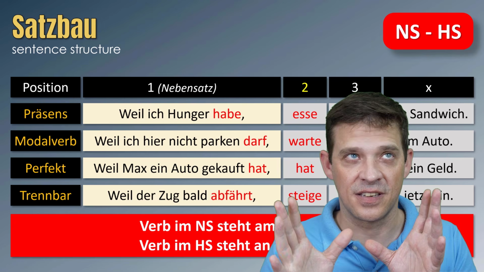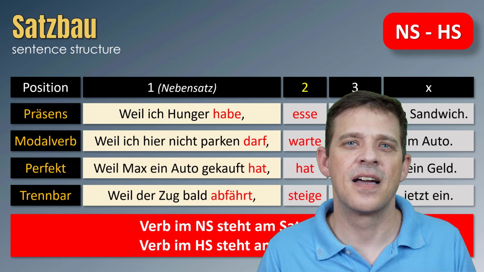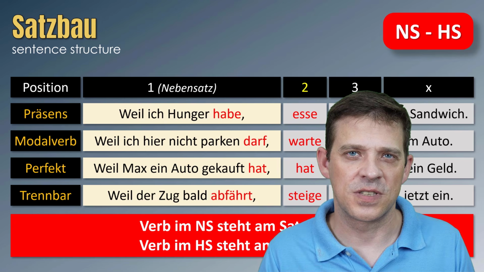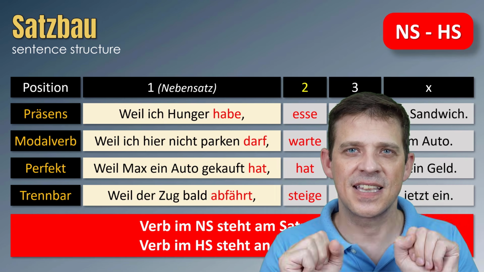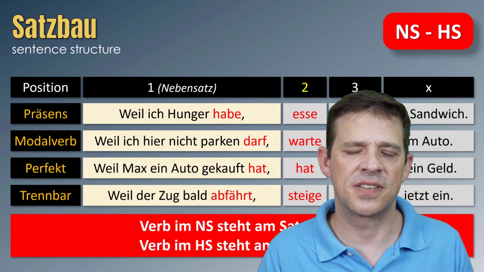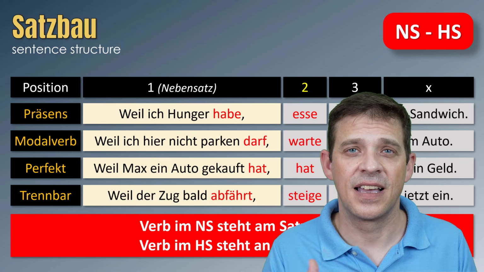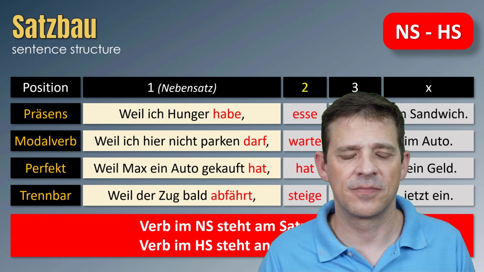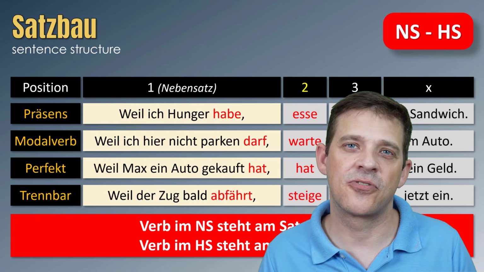This is like the normal thing, ich, subject first, and then second position, esse ein Sandwich. But that's not how it goes. Whenever you start a sentence with a subordinate clause, you always have to put the verb of the main clause, which is here, for example, esse, right after the comma. So it's actually kind of in the first position of the main clause.